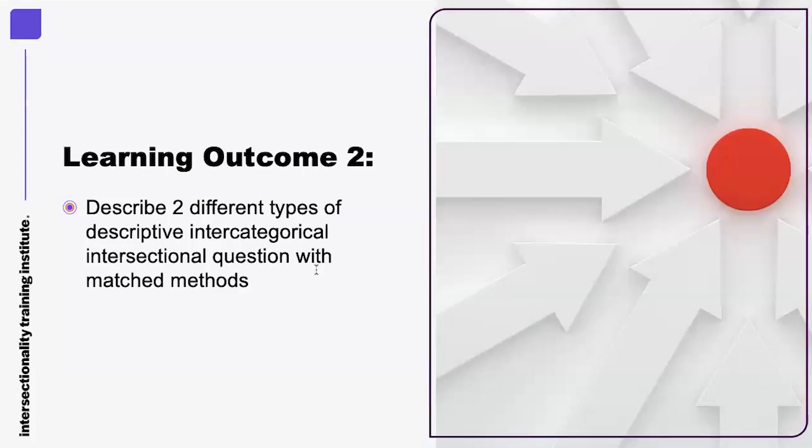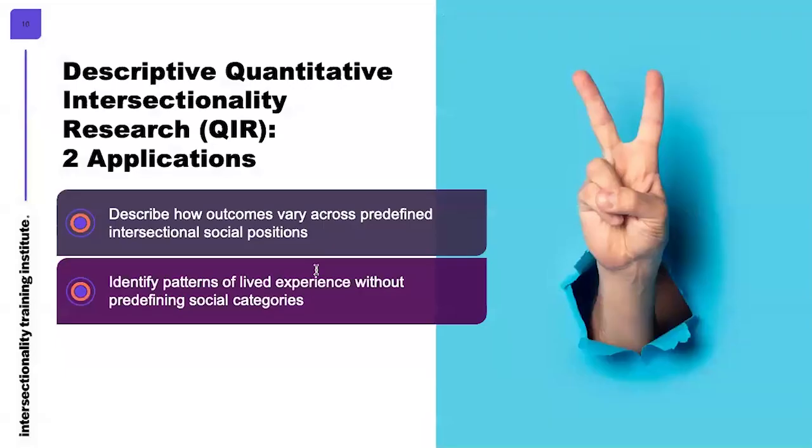Okay, so now we're going to describe two different types of descriptive QIR. I just refer to them as inductive and deductive. The first one is when we're working with predefined categories. So we're describing how some kind of outcome varies on these predefined categories or predefined social positions. And number two is more when we let the data tell us what's going on.